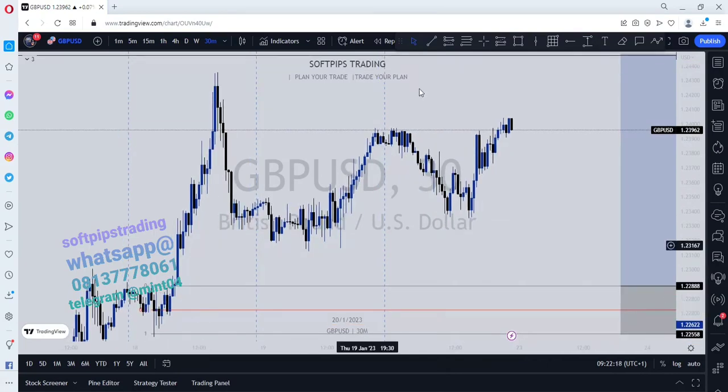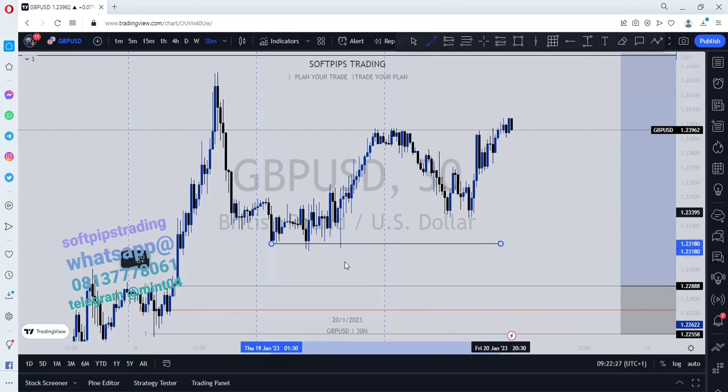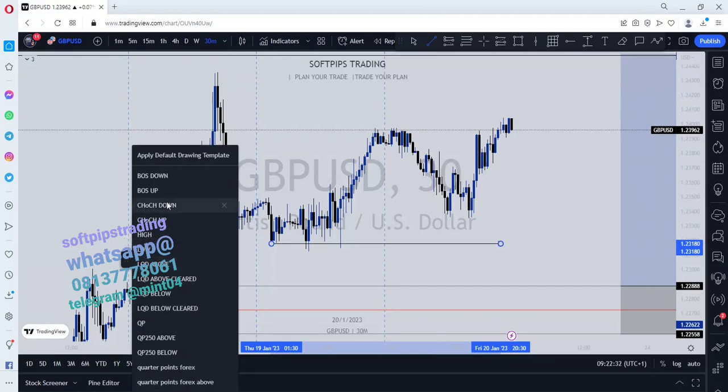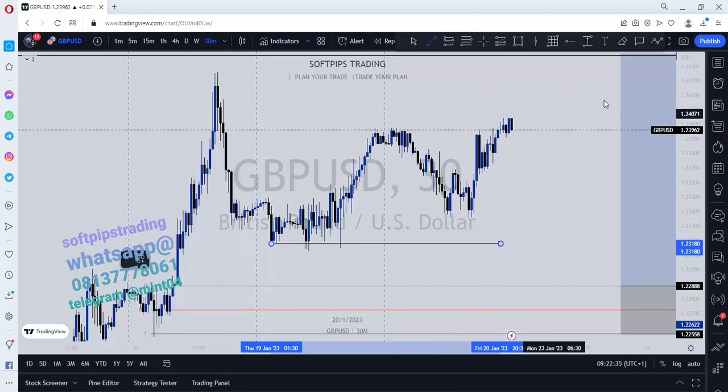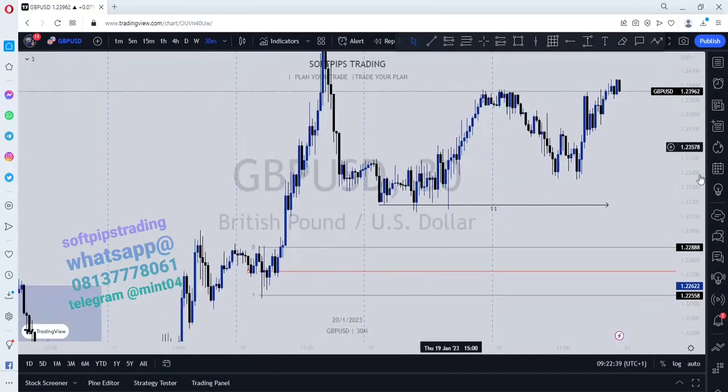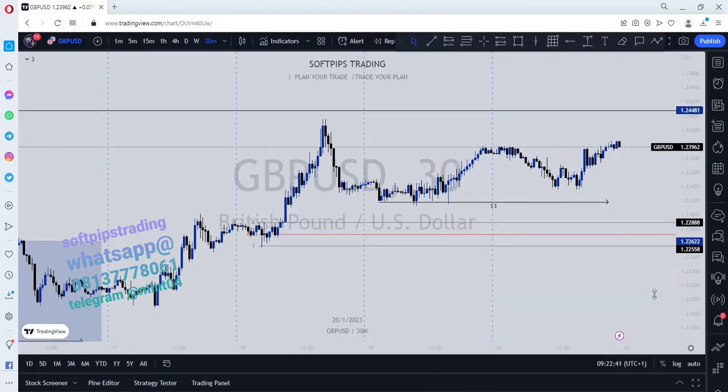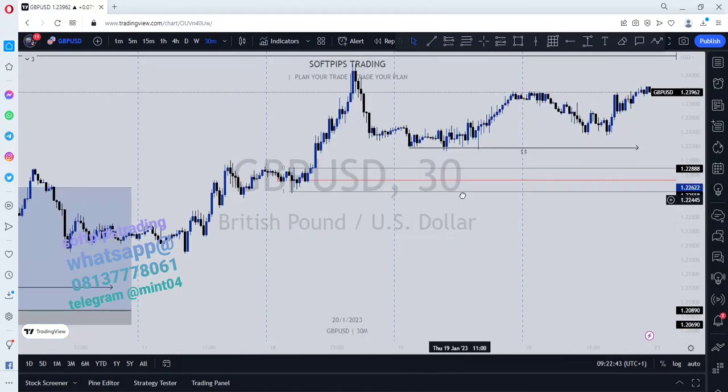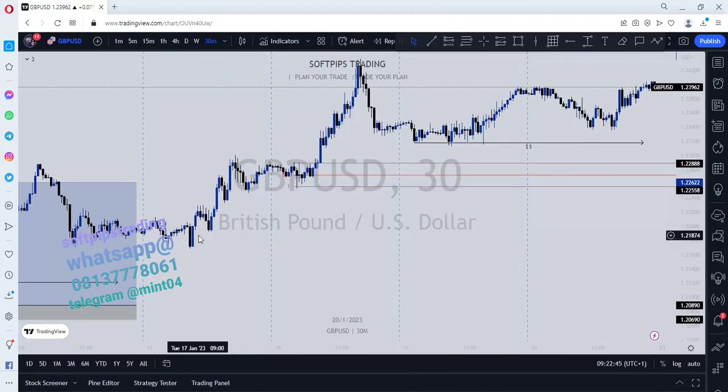GBPUSD is clearer than Euro USD, so I'm looking at here as liquidity to be cleared before we continue the move up. Last week we picked our buy from this region, picked our buy from here.